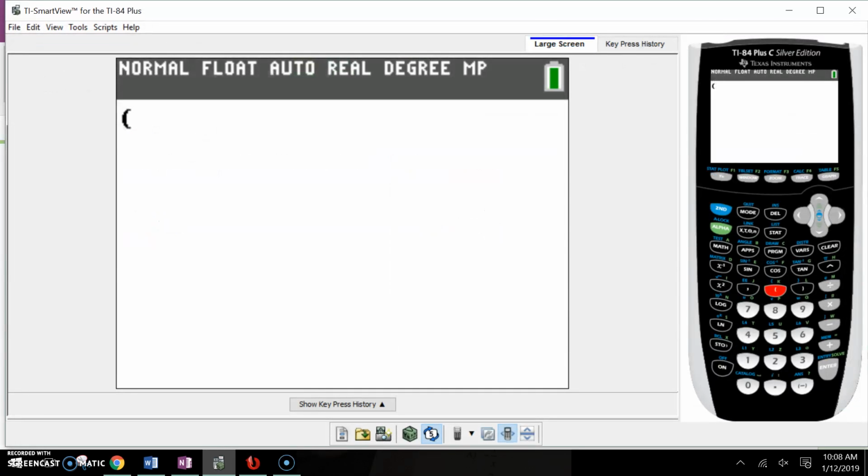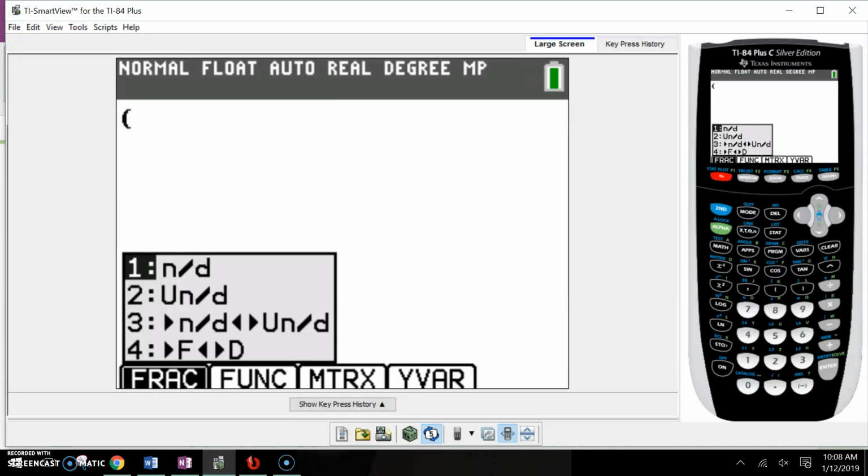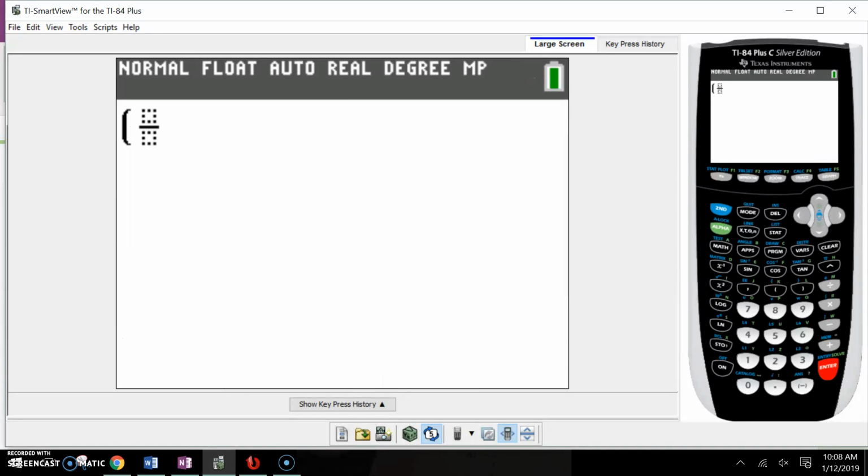So going back to our calculator, I am going to put in a fraction, and I want to do 1 over cosine. So I'll press the cosine button of 45. I want to make sure I close that parenthesis, close the whole thing, and then square that. So it'll look like that.